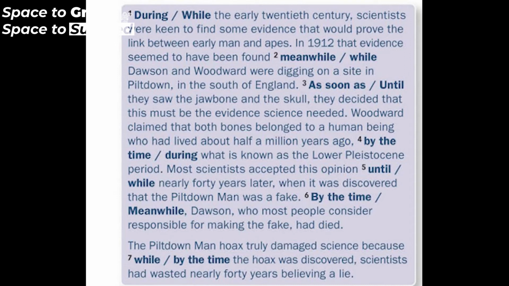Most scientists accepted this opinion until nearly 40 years later, when it was discovered that the Piltdown Man was a fake. Meanwhile, Dawson, who most people consider responsible for making the fake, had died. The Piltdown Man hoax truly damaged science, because by the time the hoax was discovered, scientists had wasted nearly 40 years believing a lie.